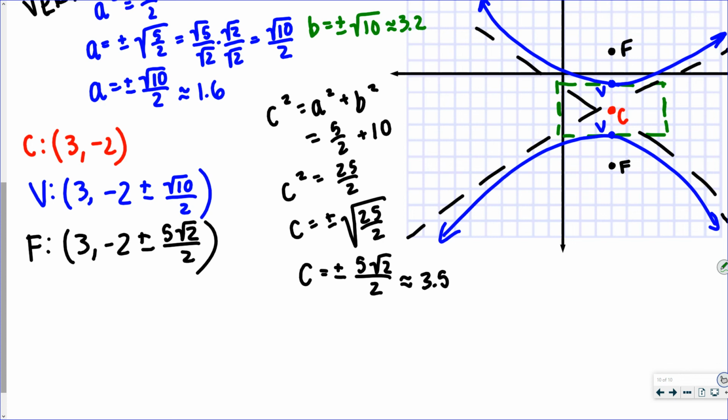Okay, just write on your paper. The slope of the asymptotes. You can do it. Hold on. This is confusing. Don't say it. It's some random number.